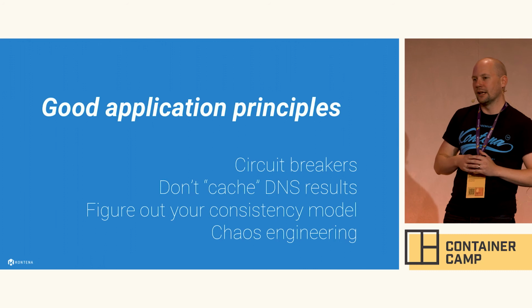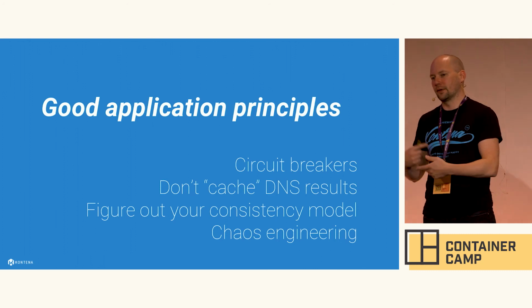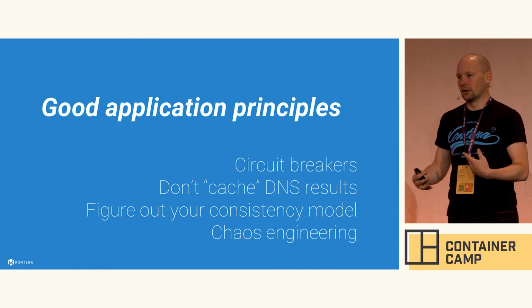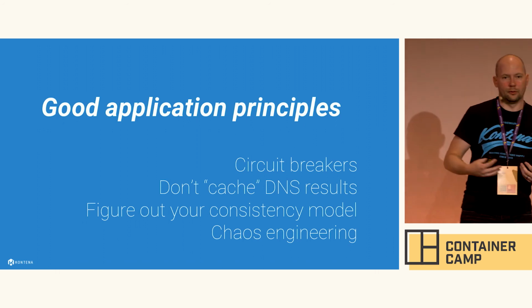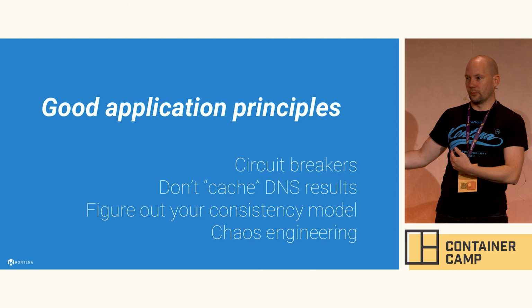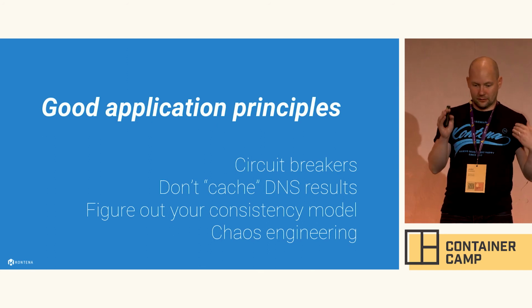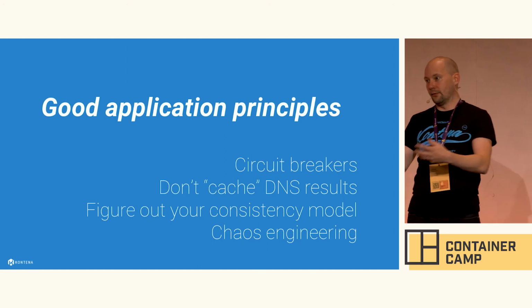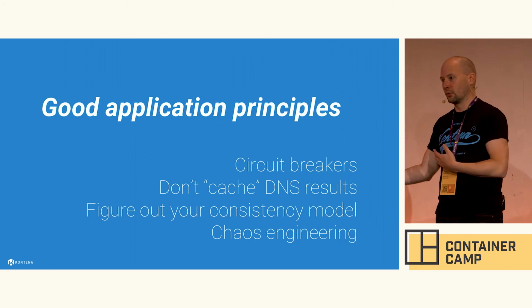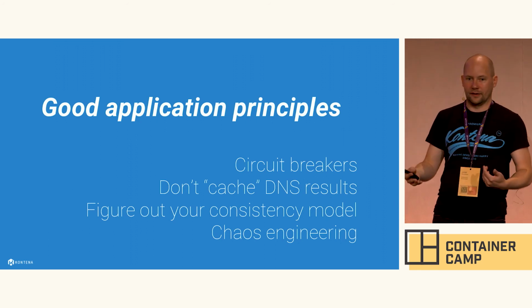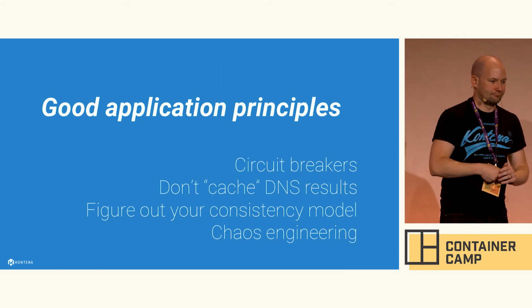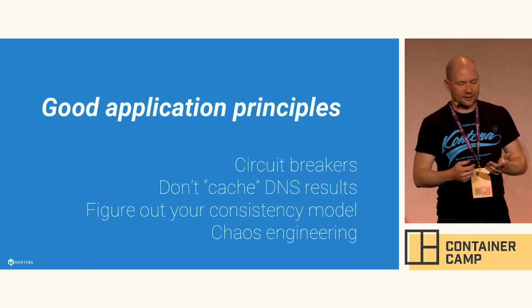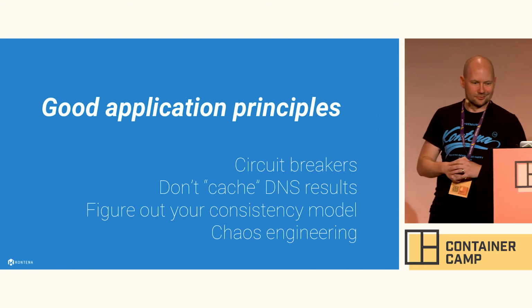Because that's really the only way you can find out the different scenarios of how things can go wrong. And that helps you when things actually go wrong in production, because you know, okay, it went wrong this way, I know how to fix it. Because when things go wrong in production and you don't know how to fix them, then it's bad. At least the stress level goes through the roof.